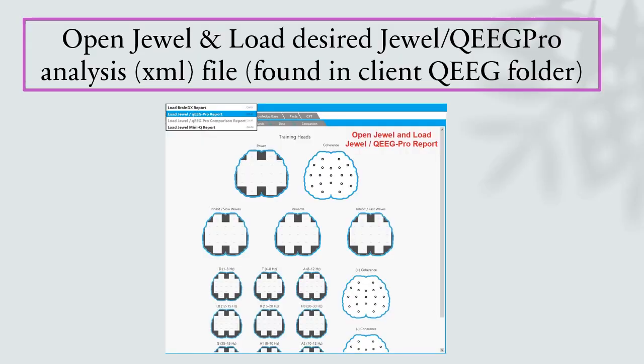Now it's time to open up the new Joule upgrade, because we need to read in the Joule QEEG Pro Analysis XML file. And just as usual, we click on the upper left-hand corner, Load Joule / QEEG Pro Report. So we open up Joule first, and then the next thing we do is we load the Joule QEEG Pro Report. This is what we've always done. Do it again.